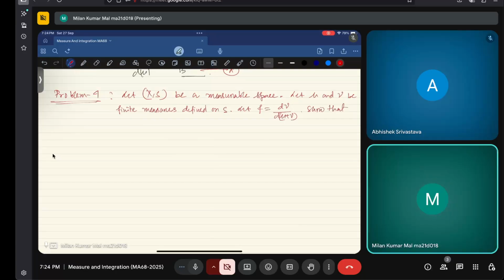Just let mu and nu both be finite measures. Both of them are finite measures defined on S.